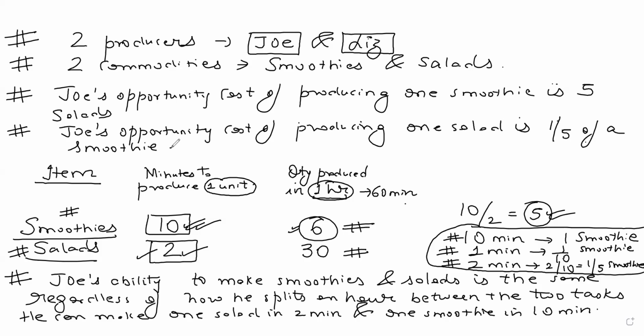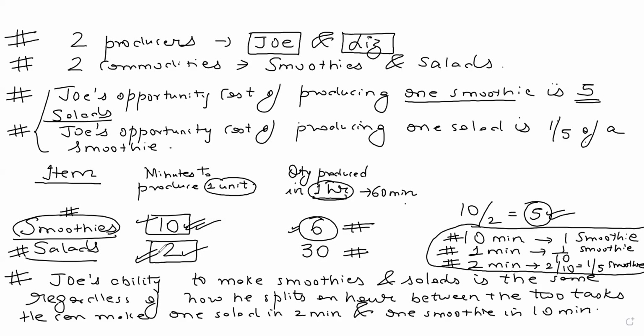Okay, so if I interpret this again for all students, it simply means that if Joe produces one smoothie, he will have to sacrifice 5 salads for it. Because Joe can produce one smoothie in 10 minutes, but he can produce one salad in 2 minutes.